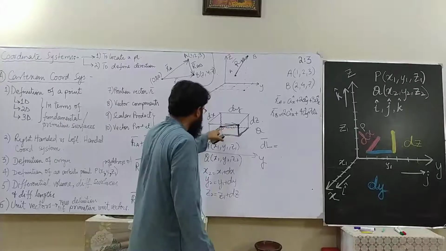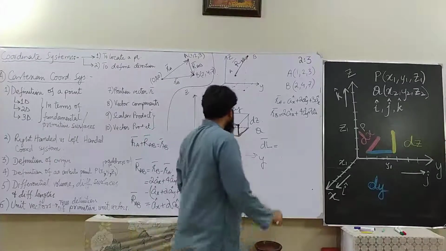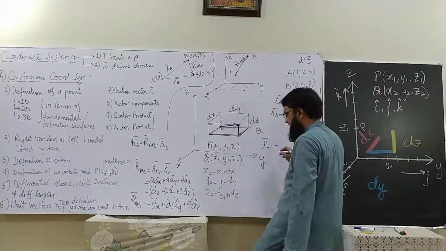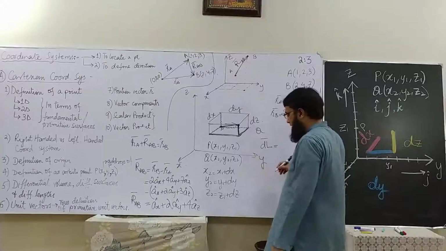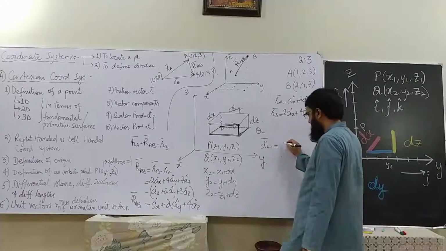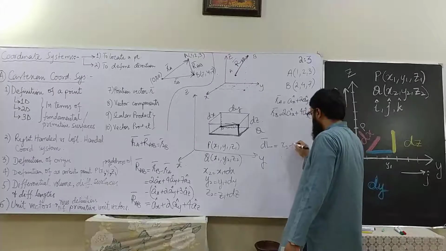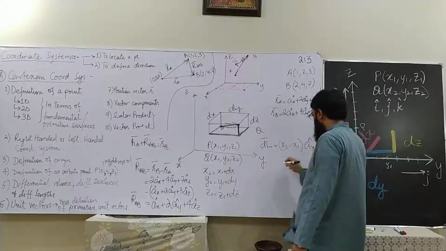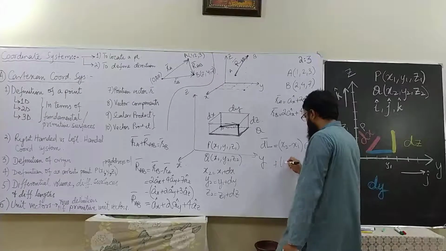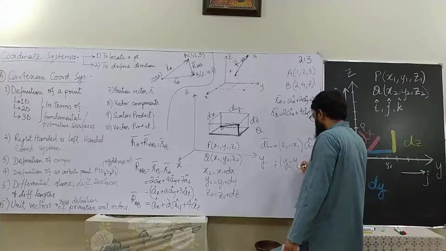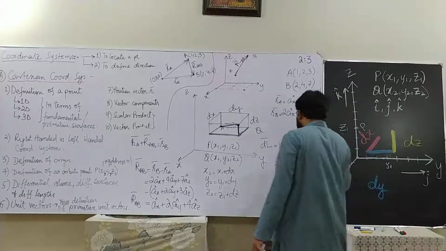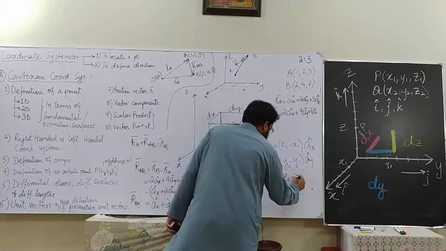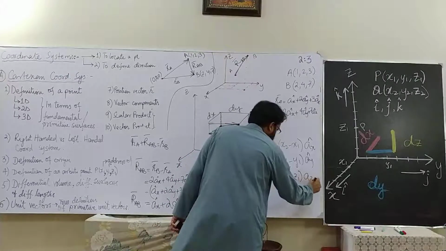If we want to find the vector that starts from P and terminates at Q, we simply subtract the corresponding coordinates: x2 minus x1, multiplied by the unit vector AX, plus y2 minus y1, multiplied by AY, plus z2 minus z1, multiplied by AZ.